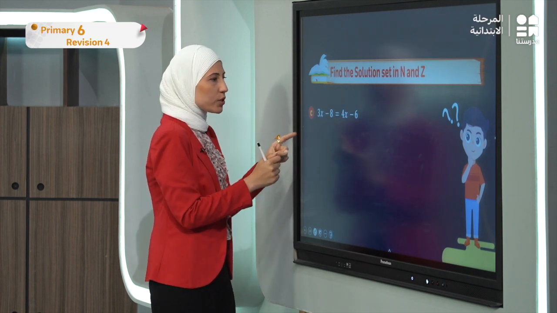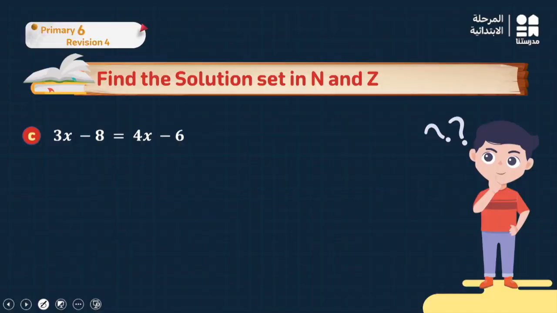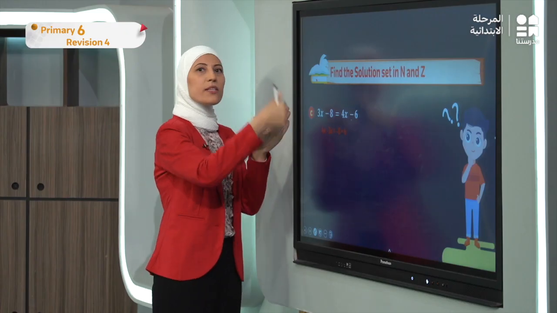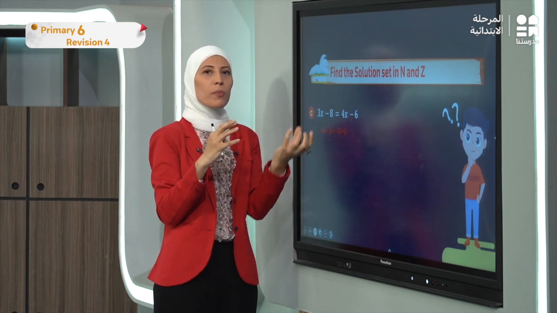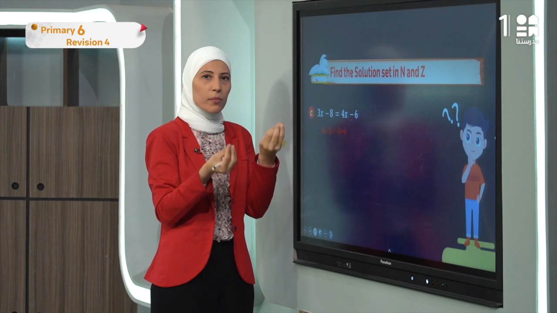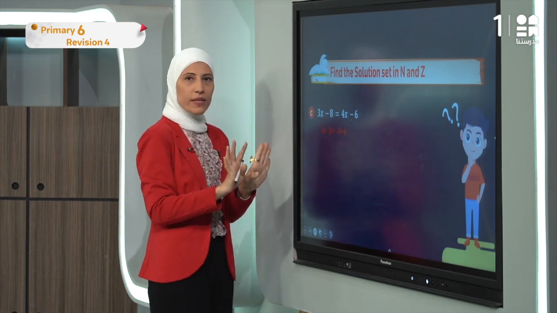So I am going to make 4x minus 3x. Okay, and I keep the negative 8 as it is. It is minus 6, so it will be a plus 6. Take care, here the sign of 3x is positive, so when I move it to the other side it is supposed to be negative. Why did I do that? In the earlier steps, in the earlier equations, didn't we add the number's inverse to simplify them? It will be the same steps.